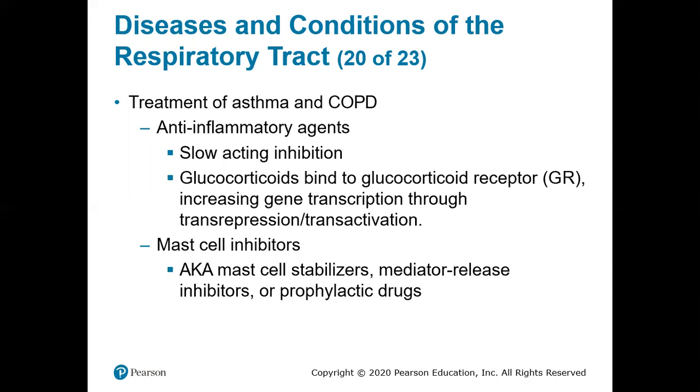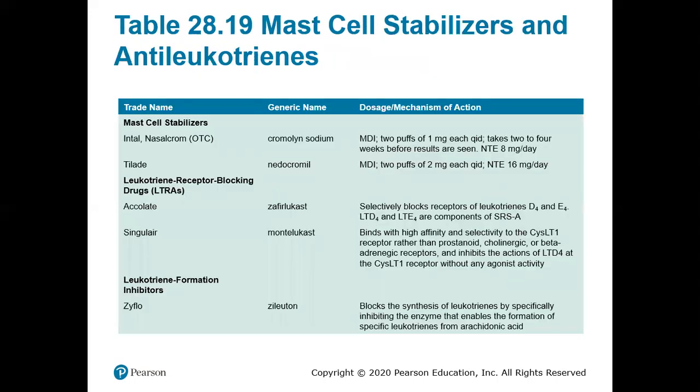Mast cell inhibitors on page 455, also known as mast cell stabilizers, mediator release inhibitors, or prophylactic drugs. Table 28.19 details mast cell stabilizers and anti-leukotrienes. And that table is found on page 456 of the textbook.